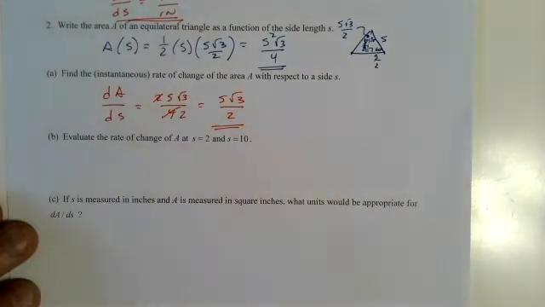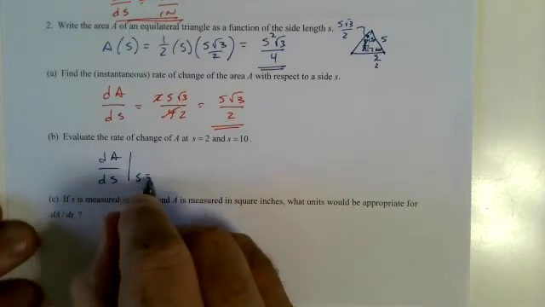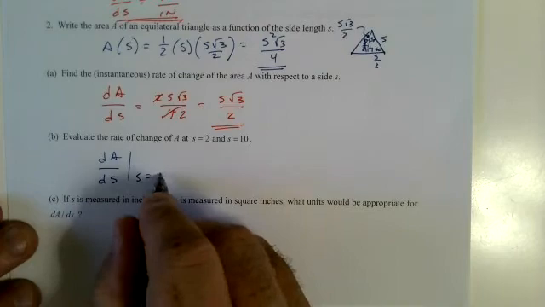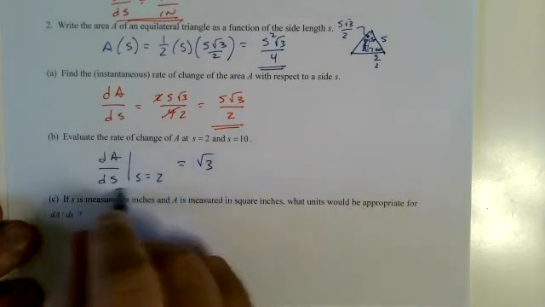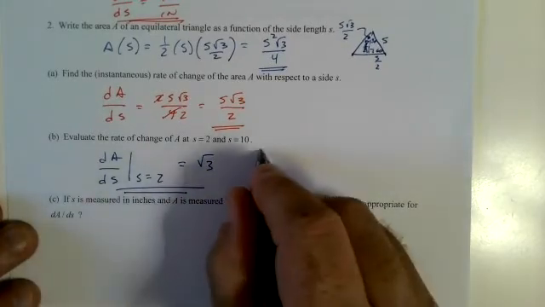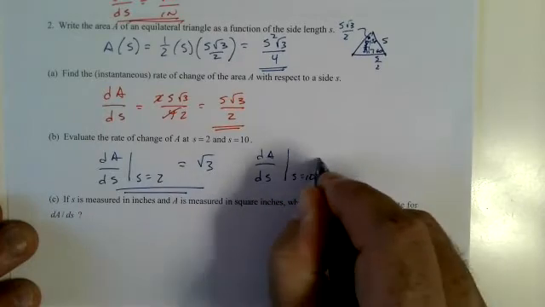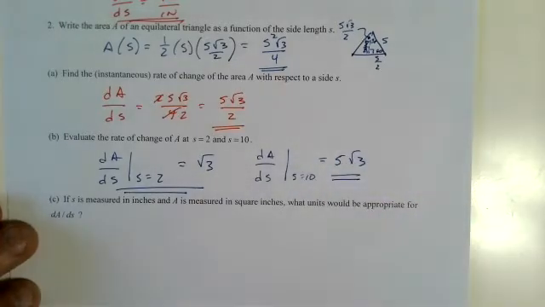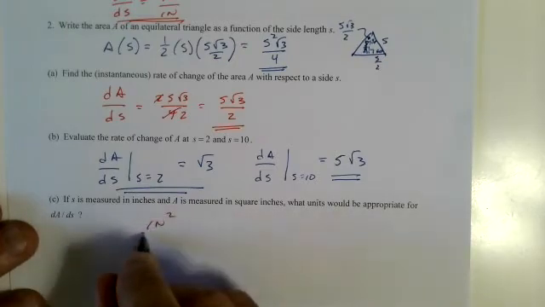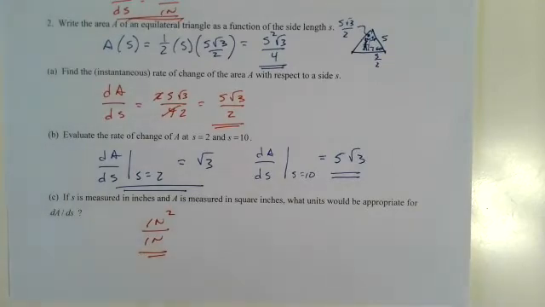Evaluate the rate of change at s equals 2 and s equals 10. dA/ds at s equals 2 equals 2 over 2 root 3. dA/ds at s equals 10 equals 5 root 3. And measured, again, we get inches squared per inch, and we don't reduce that just because we can.